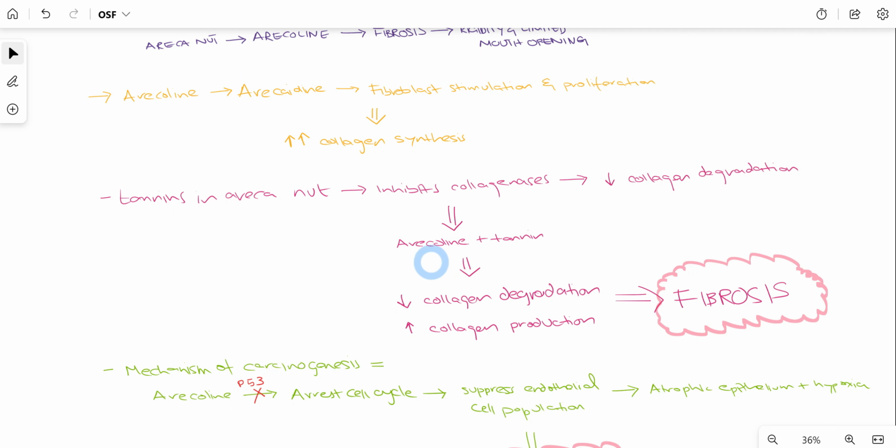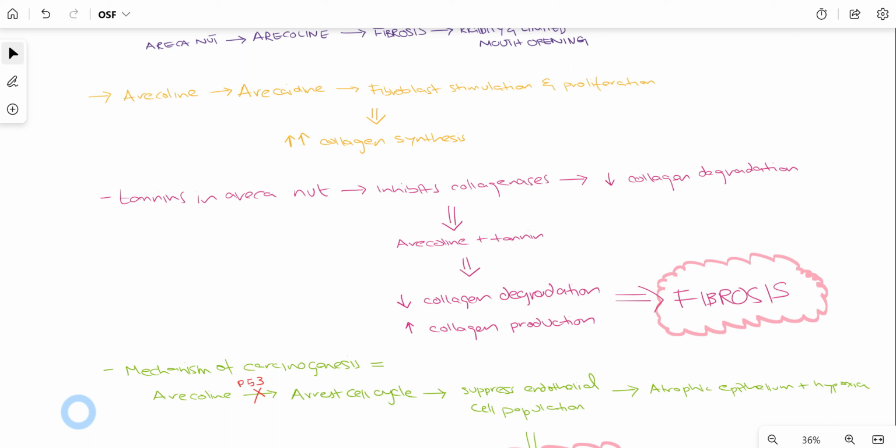Together, arecoline and tannin lead to the final end product: increased collagen production and decreased collagen degradation, which eventually leads to fibrosis, the culprit, or the final process which leads to limited mouth opening.